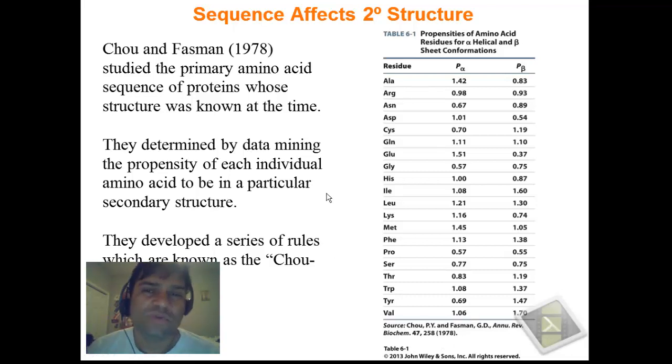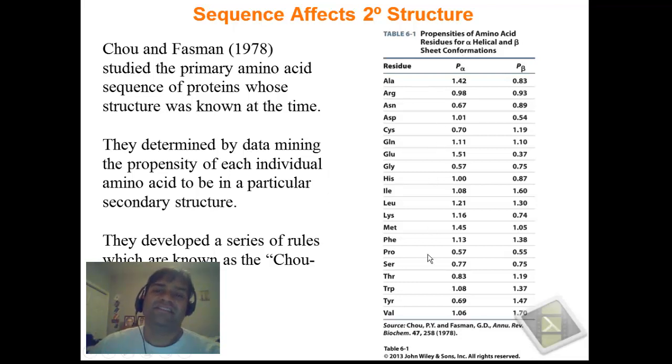There's about 10 to 12 rules, and I don't know them off the top of my head. But it's about a 40-page paper. So, for example, one rule may be, if serine is beside an alanine and it's 2 amino acids away from an isoleucine, then you have a stretch where that serine is going to be in a beta sheet. And like that, you have all these different rules and regulations.